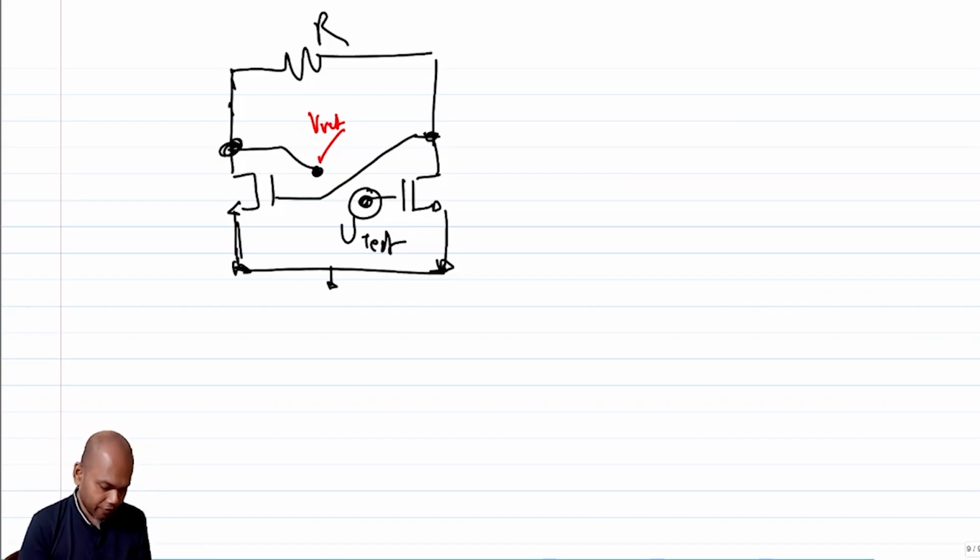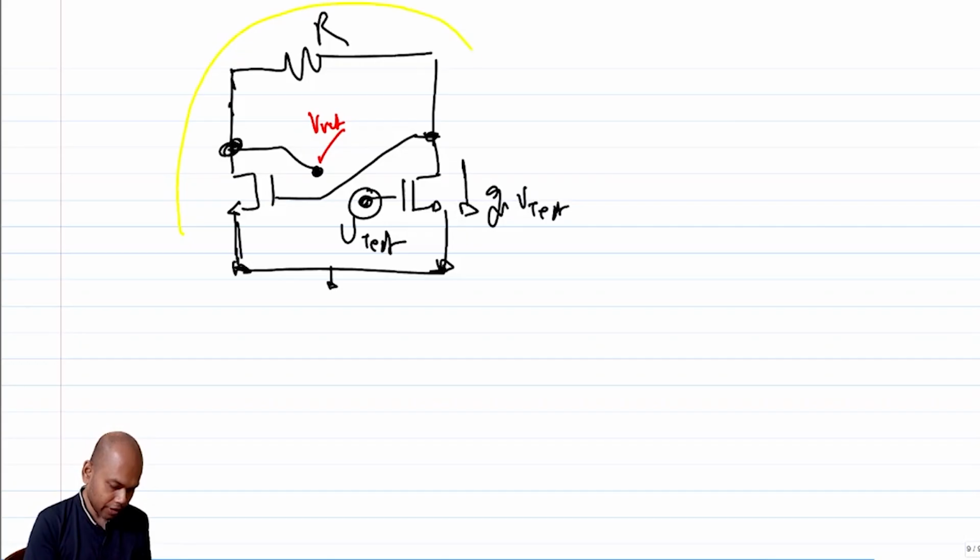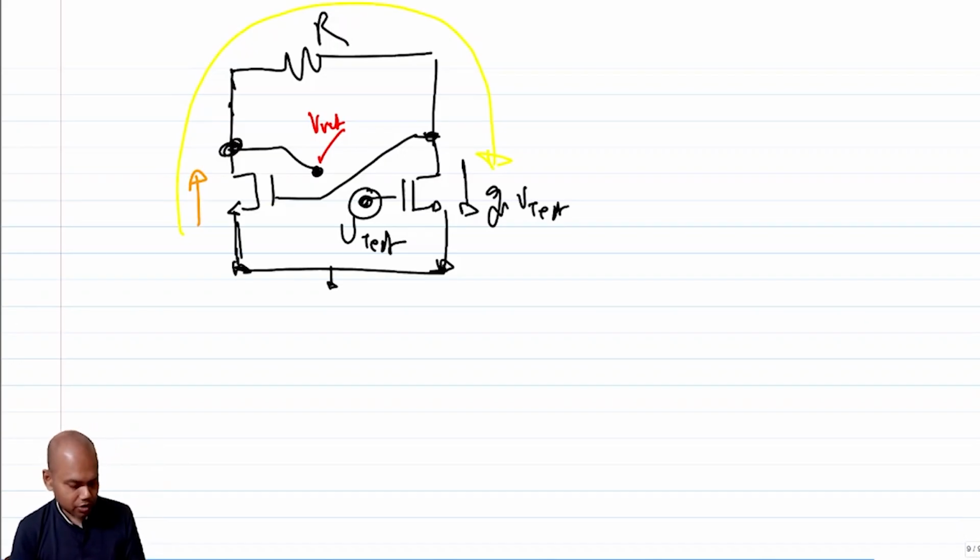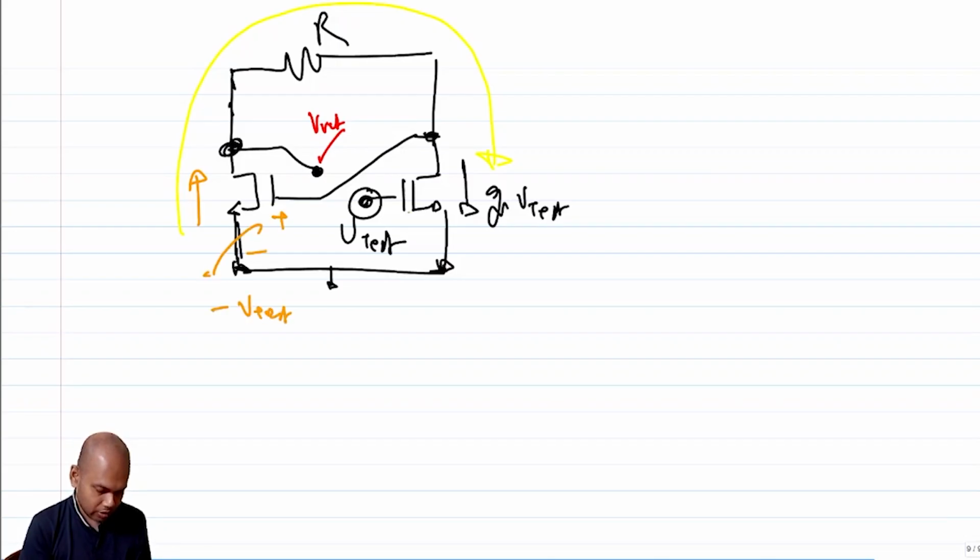So if we apply a V test here, the current that is going to flow through is Gm times V test. And where will this current flow through? This current will effectively go like this, right? So this current going up through this transistor is in the upward direction, which essentially means that this voltage will be minus V test, correct?